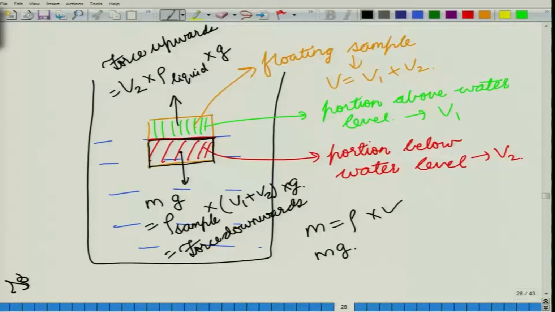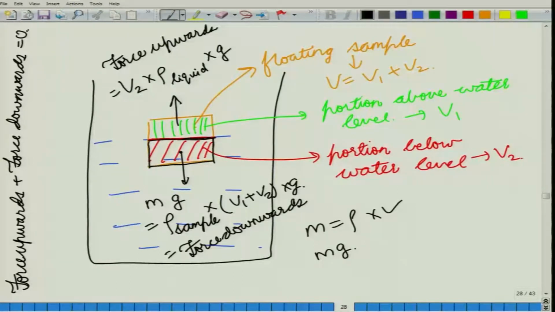What does that mean? It means that the force upwards plus the force downwards is equal to 0.